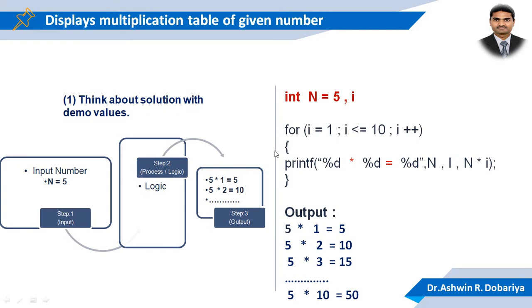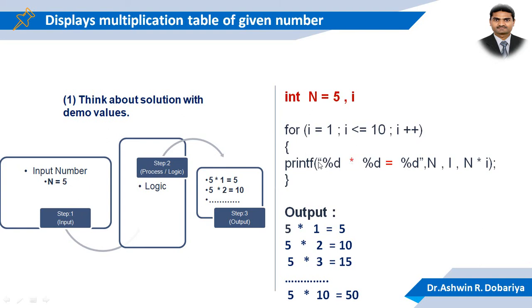Now the very important thing is the next statement: how we can display the output in this formatted manner. Friends, the first value we have to display is the input number. Our input number is n. So first we place %d for the first digit. After that we want to display the star as a constant, as it is.